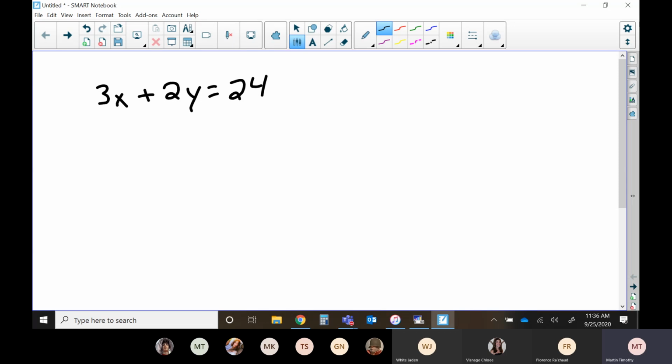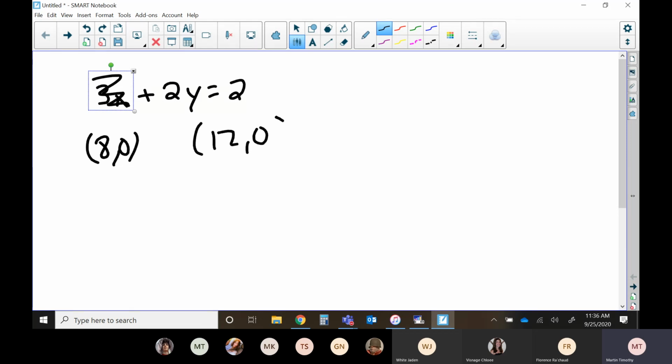So I can go, hey, if I plug in a 0 for y, this is gone. So then that means that x equals 8. So my x-intercept is 8, 0. If I plug in 0 for x, this is gone. So yes, I can go 8, 0 really quickly, and I can also go 12, 0 really quickly.